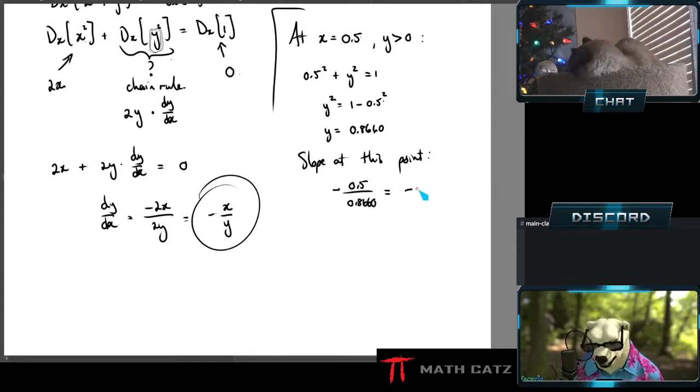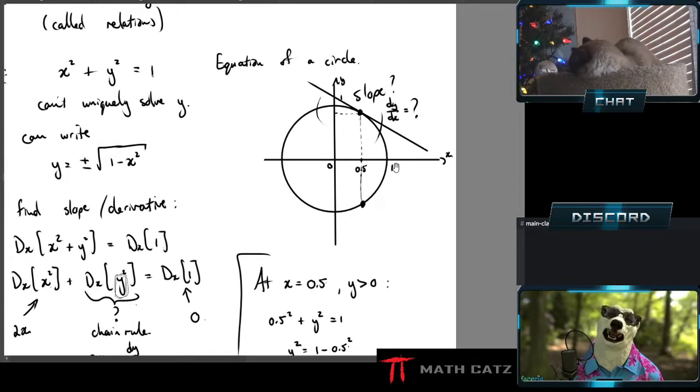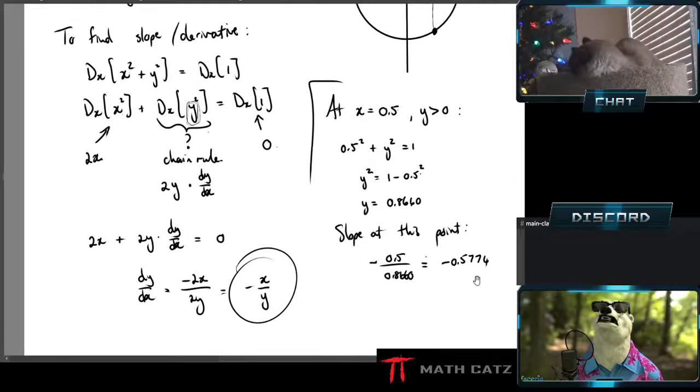What do we get here? Negative 0.5774 rounded. Does that negative make sense? Negative a half, roughly? Looking at the graph, yeah, negative slope, not too steep, a little flatter than 1. But of course, I don't know exactly how flat is a little flat. That's not really the point.